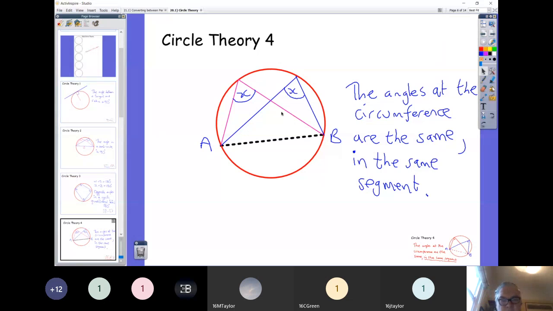So this is the one where you've got to put in that comma and be really precise and make it clear that it's in the same segment. So circle theorem 4, the fourth one we've looked at: the angles at the circumference are the same, comma, in the same segment.